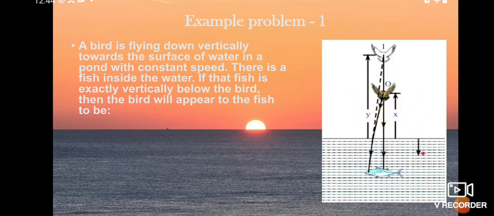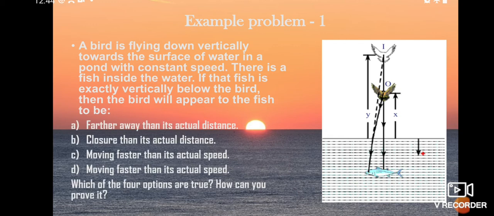as shown in the image given in our textbooks also. First understand the problem. Here the bird is flying, so it is vertically above the fish.